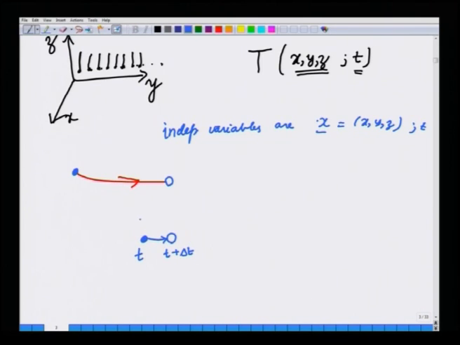In the Lagrangian description, if you put a thermometer, this thermometer will measure the temperature of a fluid particle which was here at time t and which was here at time t plus delta t. So, you are keeping x p naught constant and measuring temperature as a function of time. So, this is the Lagrangian.